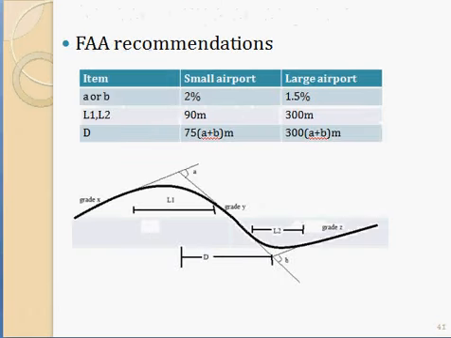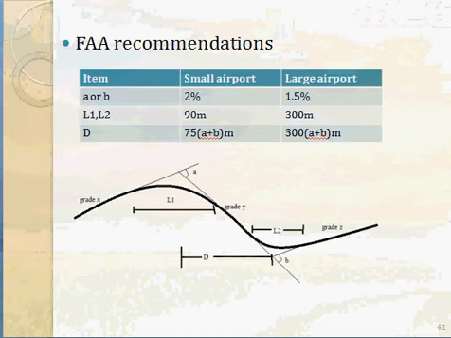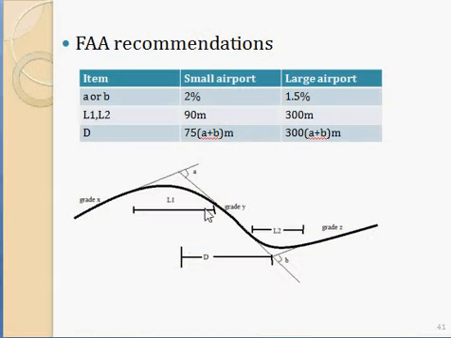Then the Federal Aviation Administration, FAA, recommendations are as follows. If we have a longitudinal gradient like this, you can see here we have an upgrade and a downgrade, then an upgrade, and these are connected by vertical curves.